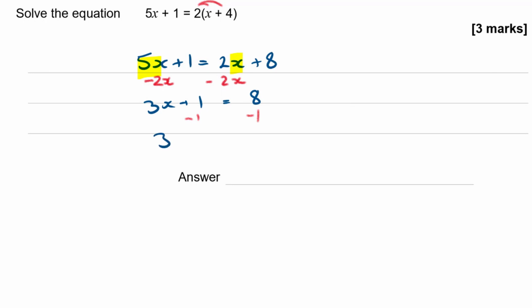That's going to give me 3x is equal to 7. And then dividing both sides by 3, I'm going to get x equals 7 over 3. Now 7/3, a top-heavy fraction or improper fraction like that is a perfectly acceptable answer. So you can just leave it in that form there. It's probably the easiest way of doing it. So just leave it like that.